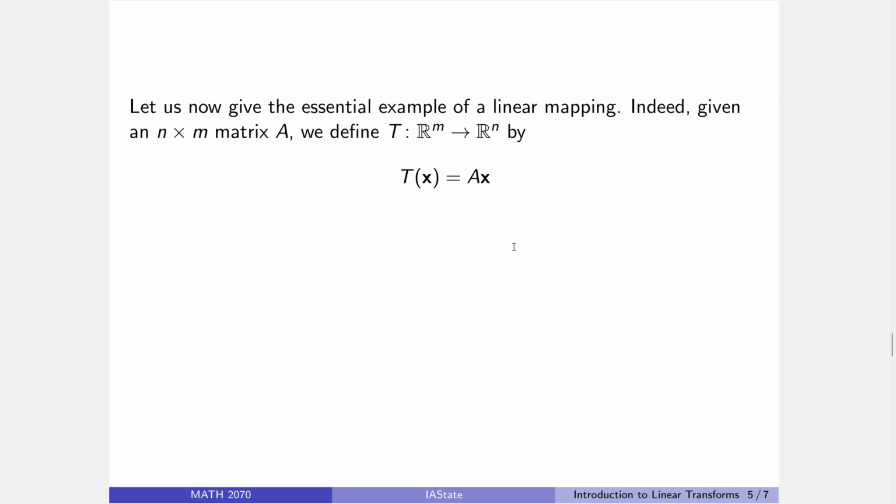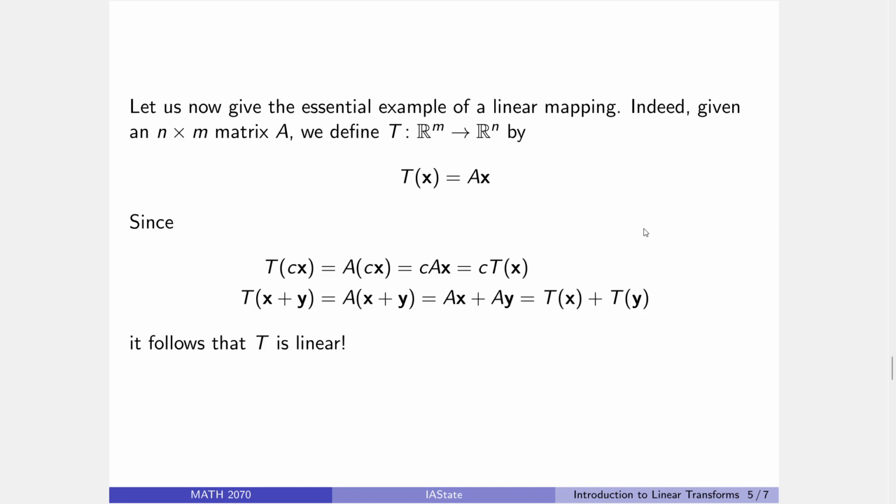So given an n by m matrix, note the size of it, if I take our vectors from Rm, I can multiply those by our matrix A, and note that would create an element of Rn. And here, note how we've defined it. Before, when we've defined our mappings from Euclidean space, we sort of listed each individual component. Note, we don't need to do that here. You can just give me the vector x, and I can multiply it by A. We have this nice compact notation for this.